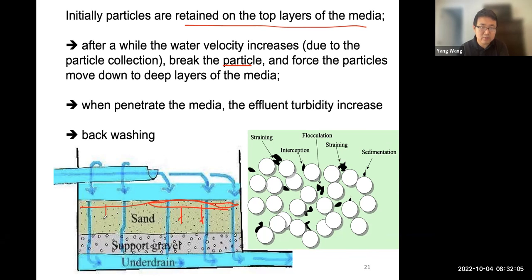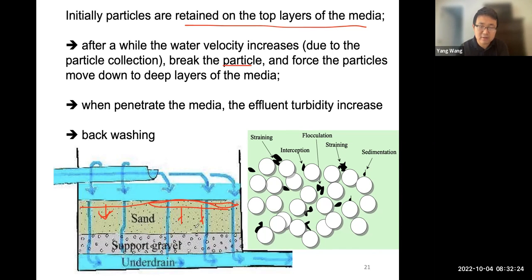But eventually, if you have the operation of the sand filter for a long time, then this system is going to collapse, or basically reach the state just before it really collapses.